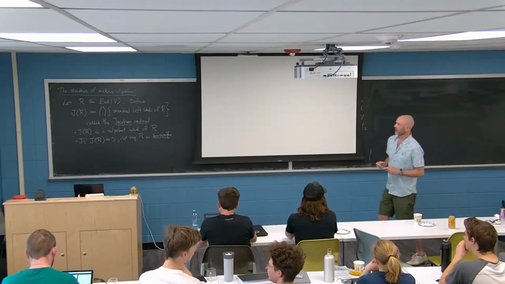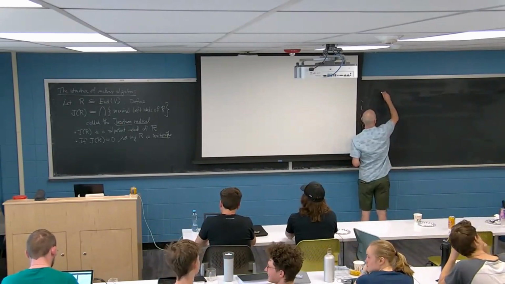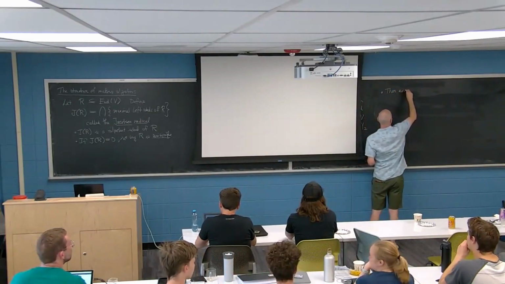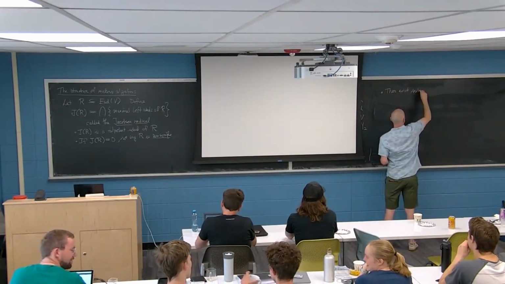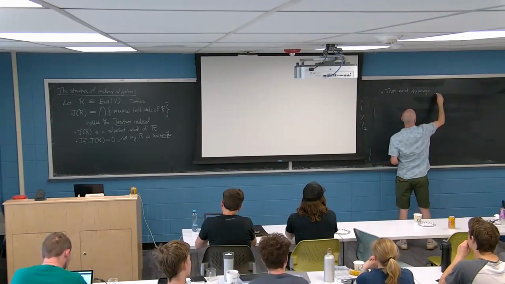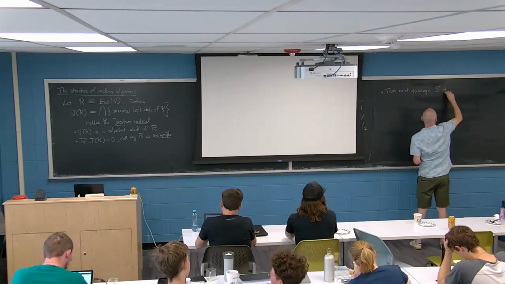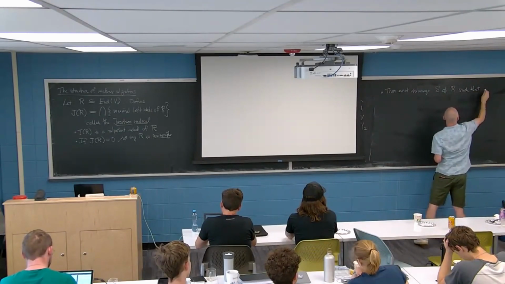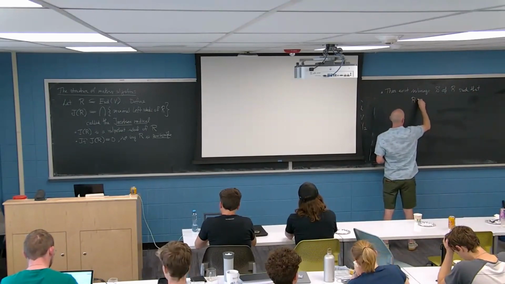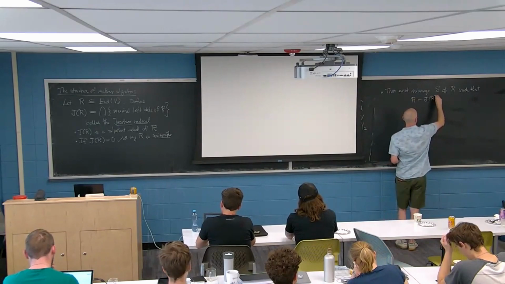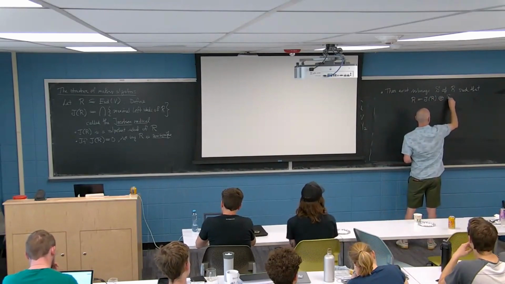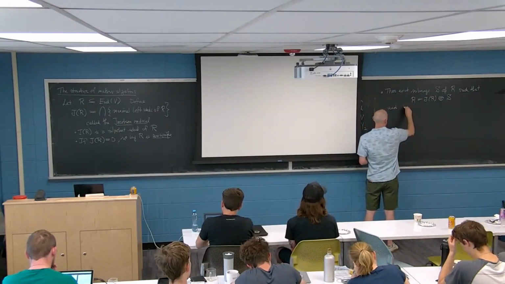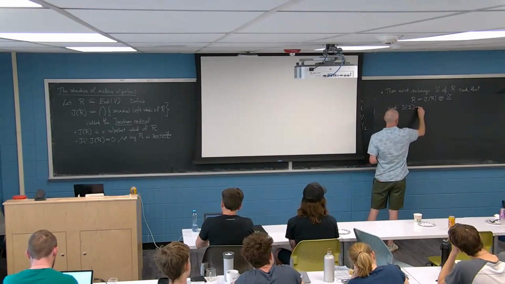Okay, so right. So the fact then. There exist subrings S of R such that R is equal to J of R plus S, and the intersection of S and J of R is 0.